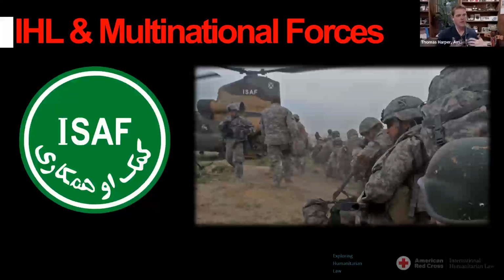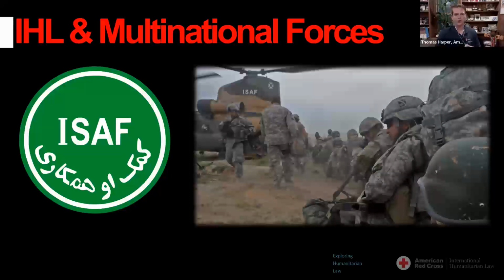Something like the ability to use force in self-defense. When soldiers come into contact with the enemy, at what point can they use force to defend themselves? How imminent does the danger have to be? Countries view that differently. A country like the United States may have a really expansive view of self-defense. So, hey, we don't have to wait until we're being fired upon to use force.